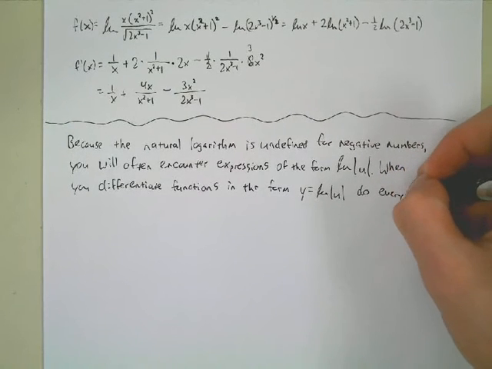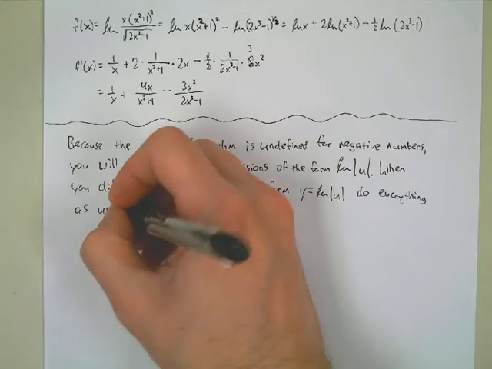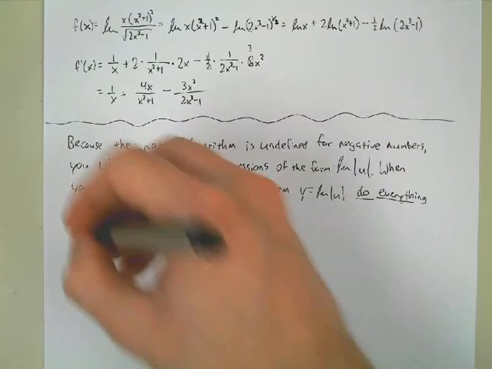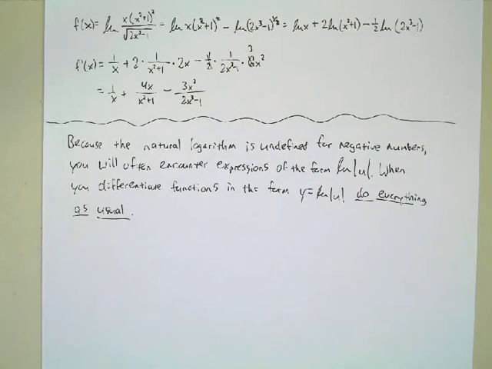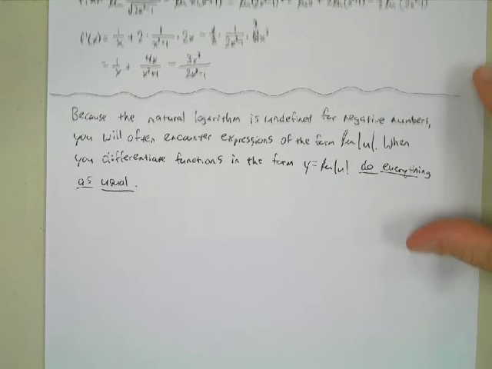So in other words, don't freak out when you see absolute values, like, ooh, I hate absolute values and I don't understand them and I'm going to stop. It's the same thing for natural log of the absolute value. It's the same thing as doing natural log of just u.